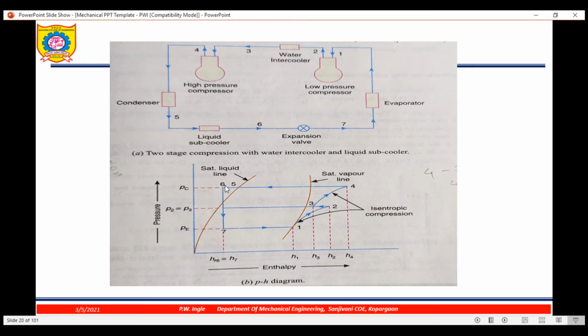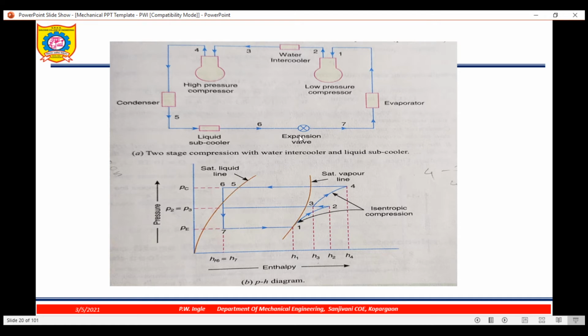5 to 6 is a subcooling process or undercooling process, because whatever point is in this region is undercooled. You are getting refrigerant in liquid condition, correct? And again you are cooling it by following the process 5 to 6 by the liquid subcooler.